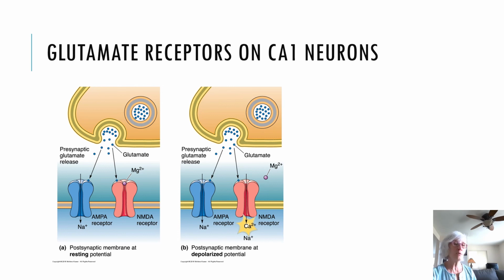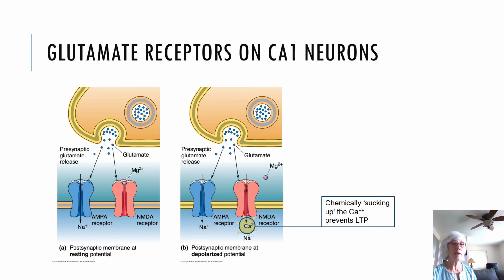Once the magnesium is kicked out of that blocking site, then the NMDA receptor can open and allow calcium in. But again, that takes some sort of prior depolarizing stimulus. So these two glutamate receptors are working in concert with one another on the CA1 cells.